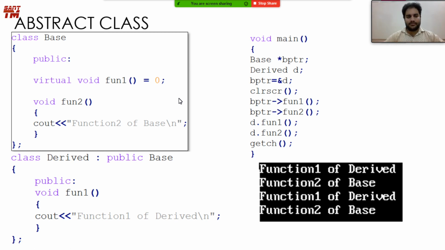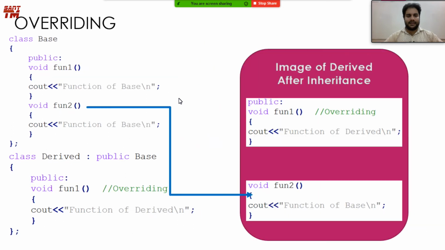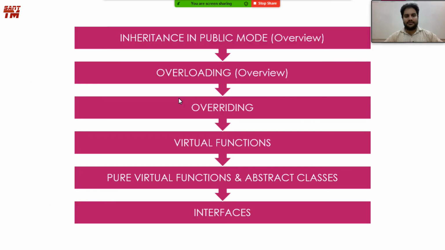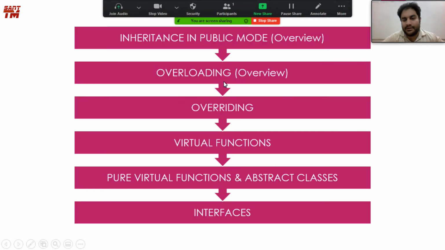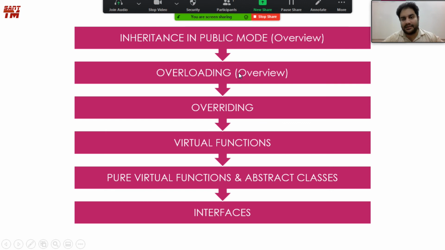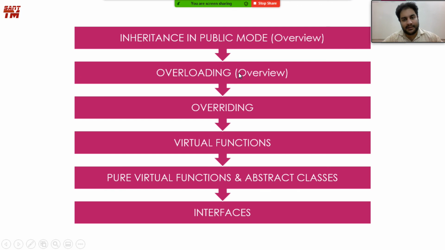I hope you have got the concept clear for what is inheritance in public mode, overloading, overriding. Overloading is done when the class is only one and multiple functions of different forms are created in that class only. In overriding, classes are multiple, functions are also multiple, and the same function exists in the base class and in the derived class also.